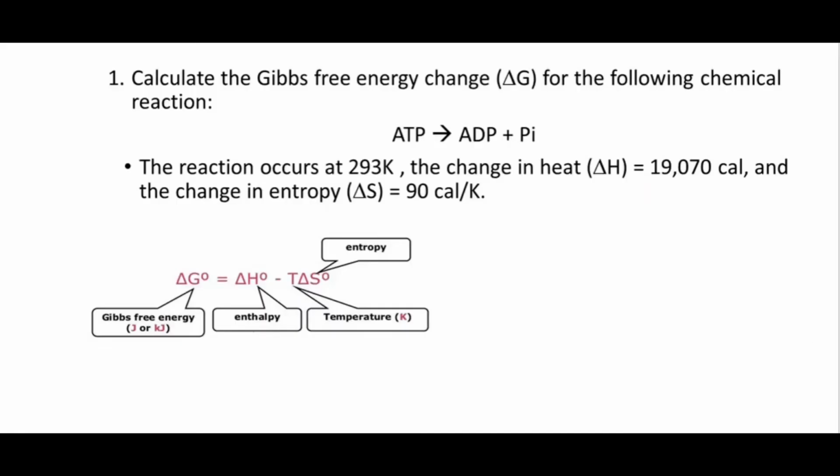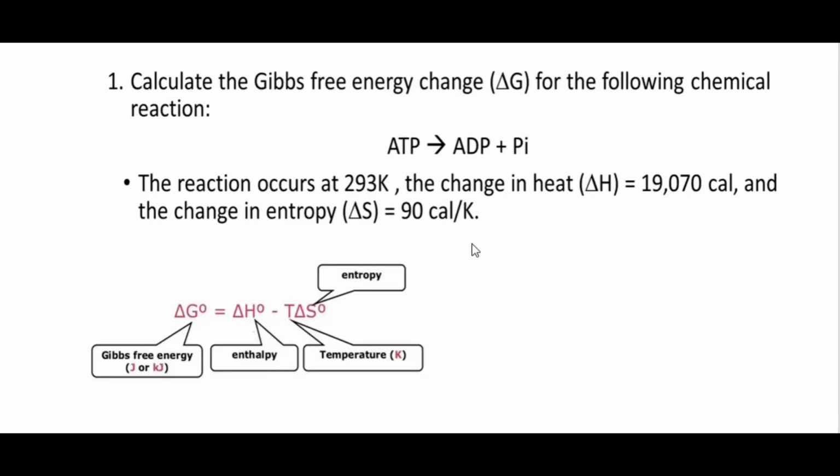Let's try to solve more problems. Calculate the Gibbs free energy change for the following chemical reaction. So, let's determine the given. We are given a temperature of 293 K, or Kelvin, that's temperature.